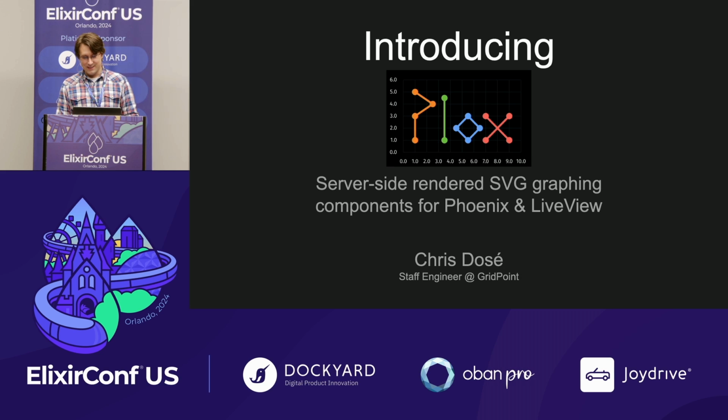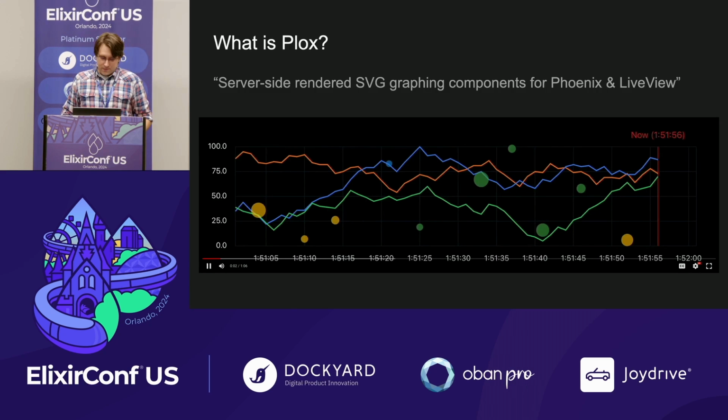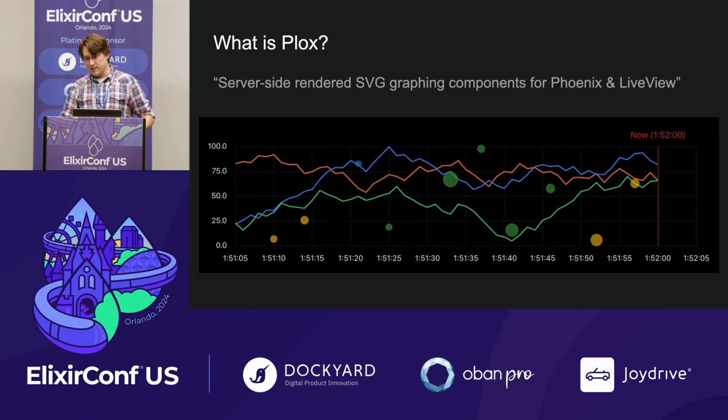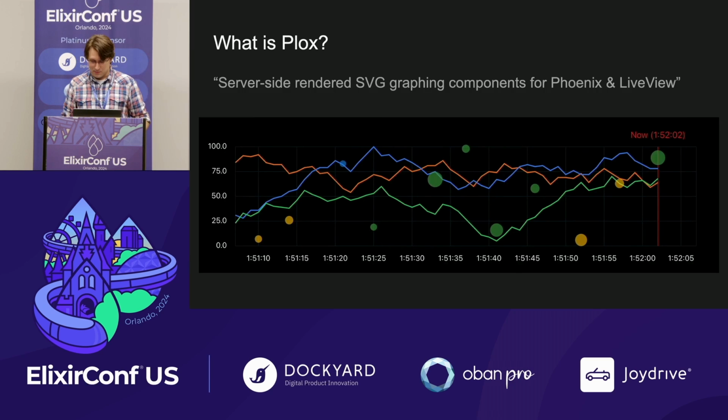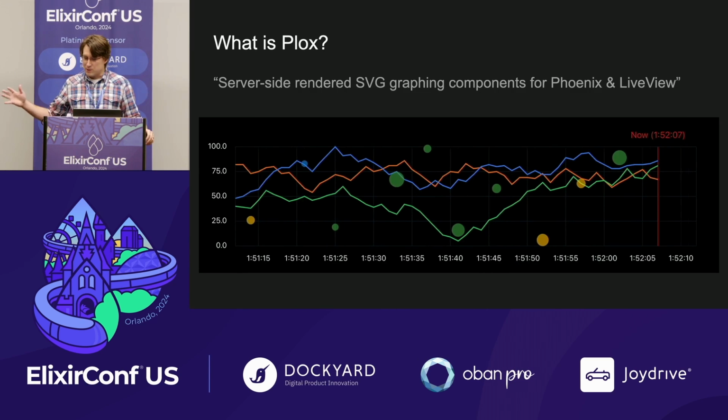So let me tell you a little bit about how it works, and I'll show you some examples of how to use it. So what is Plox? Take some time to digest this description here while we look at some fancy examples. This graph here is updating once per second.